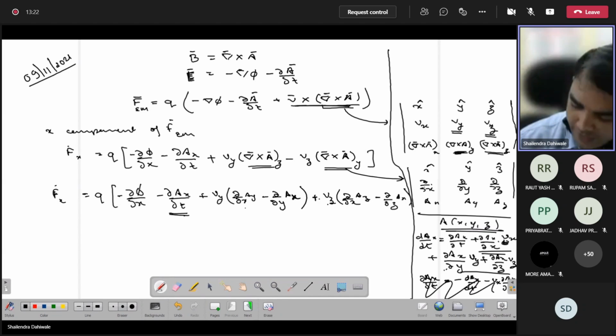So this quantity I write here directly: instead of del Ax by del t, I will write dAx by dt minus all these quantities. So you just check it.